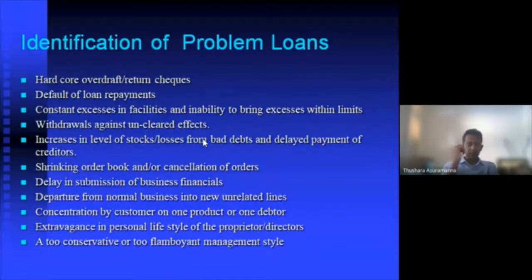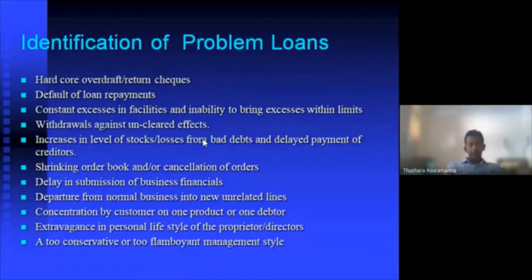And also you can see he's spending a lot on his personal life and many things. Or a flamboyant management style is another one. Like you see there's no control on expenses. These are some of the things one can identify as signs of a problem.